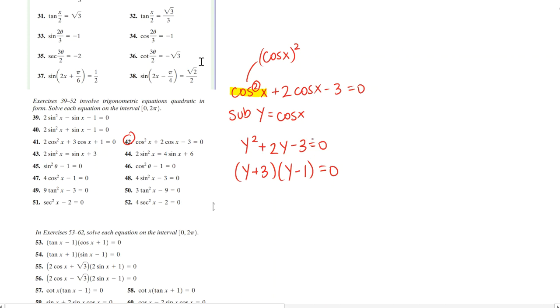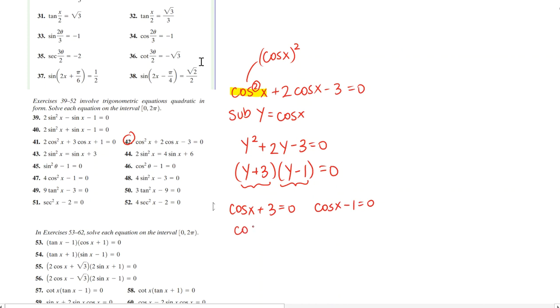Now using the zero product property, this has to equal 0 or this has to equal 0. So if I substitute back in cos x where we see a y, cos x plus 3 has to equal 0, and also we have to consider cos x minus 1 has to equal 0.